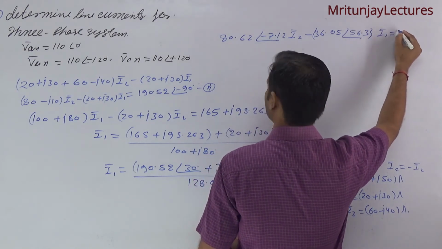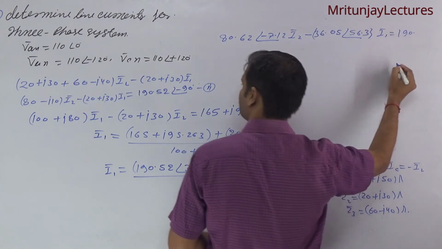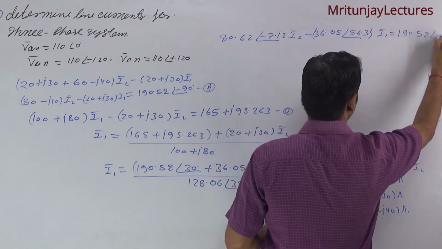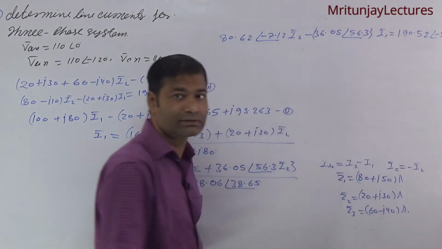This is equal to 190.52 at the angle minus 90 degree. Clear?